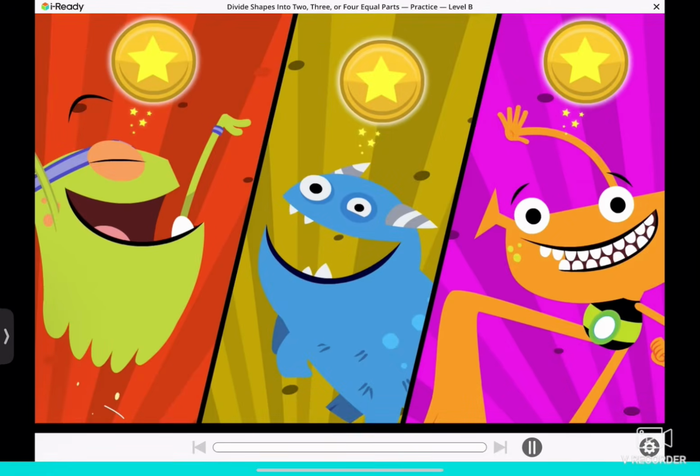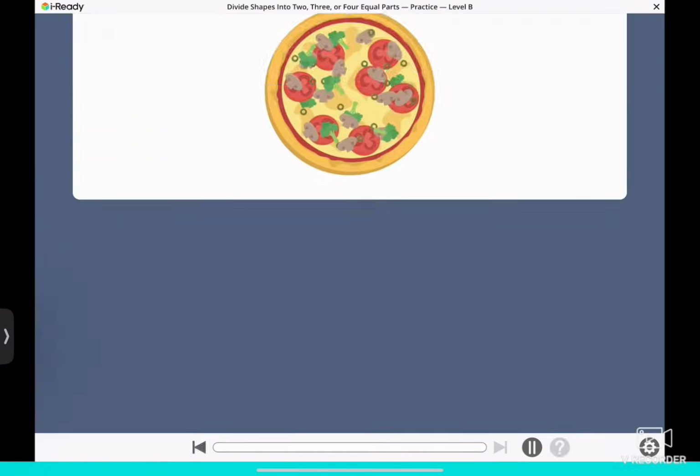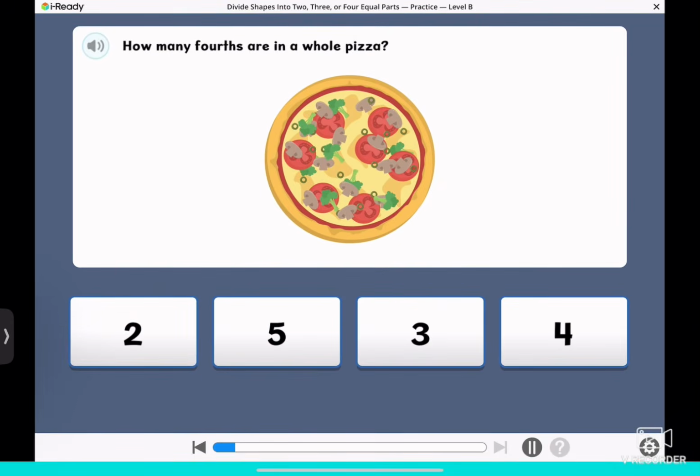Aw, yeah! It's practice time! Collect all 3 stars to finish the practice round. How many fourths are in a whole pizza? Double wow! There are 4 fourths in a whole pizza.